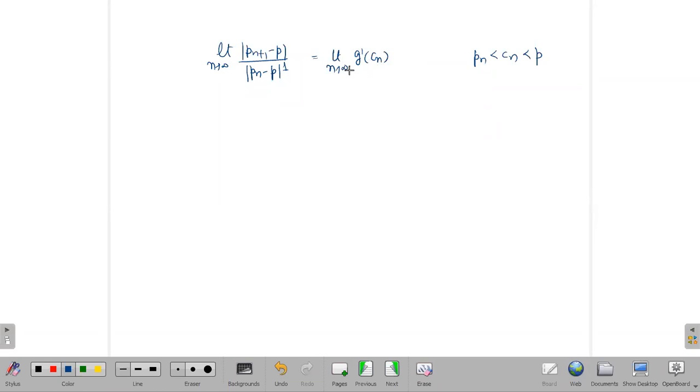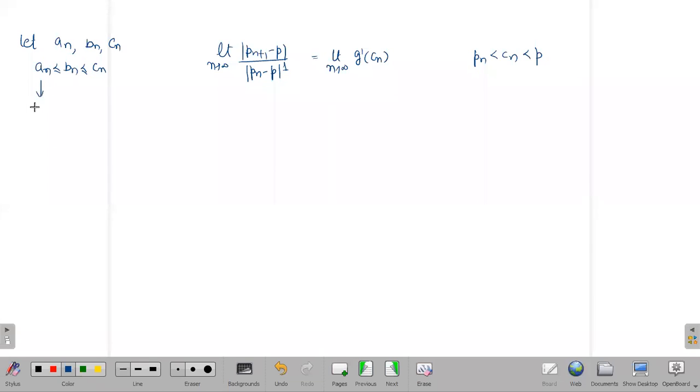Actually here we will use two theorems from calculus. I think you may already know about it. Suppose I take 3 sequences an, bn, cn which satisfy an less than or equal to bn less than or equal to cn.